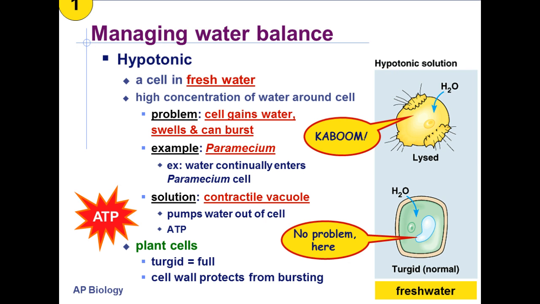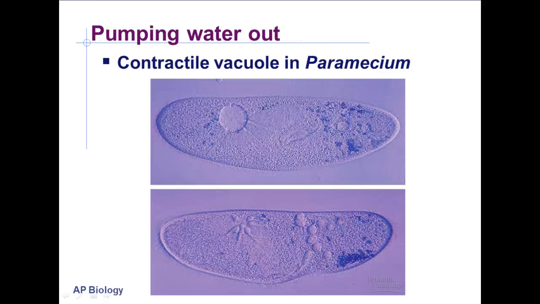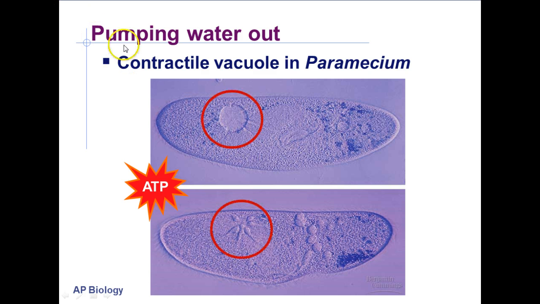Your cells still have vacuoles, but not nearly as large as this vacuole you see here in a plant cell. So even single-celled organisms like this Paramecium need this vacuole to regulate water. So in this situation, it's going to use some ATP to pump water out because it needs the energy to do that. So here you see a before and after. You see a full vacuole now. So in order to keep that cell membrane intact, that vacuole squeezes water out of it.